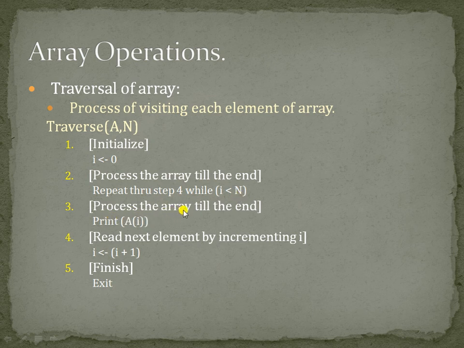Process the array till the end. In this step, we can print the elements also. At the same time, we read the next element by incrementing i, so i is equal to i plus 1, and we repeat this procedure until we reach the last element, and at the end the algorithm finishes.